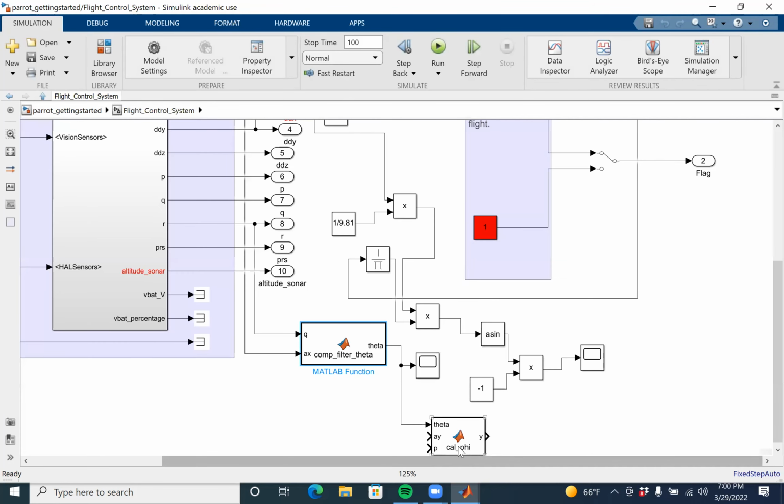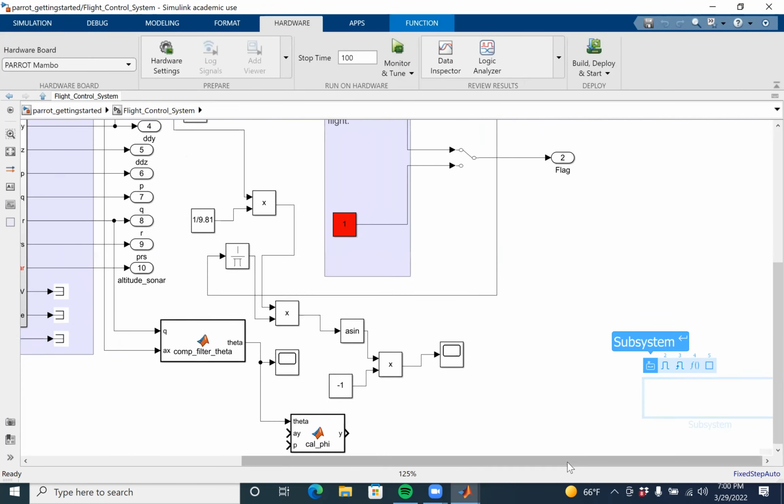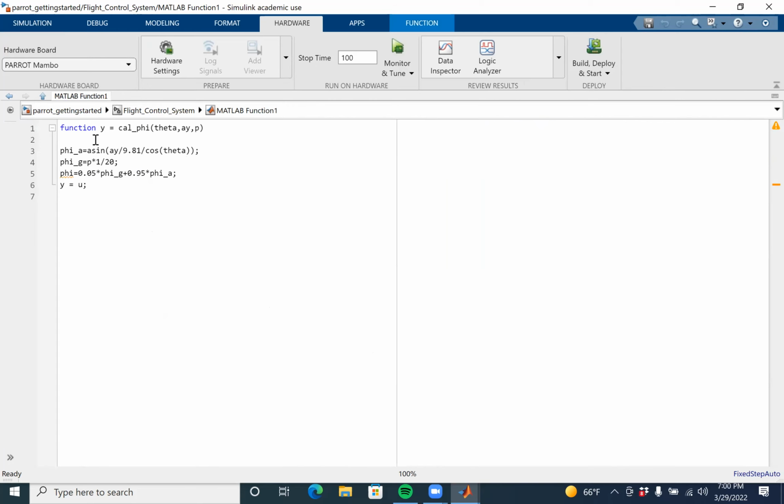So now if you go to flight control, can you see there is one thing I need to change? I'm going to call this phi.